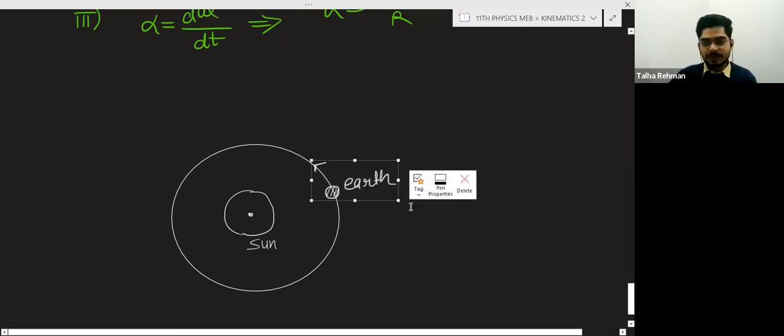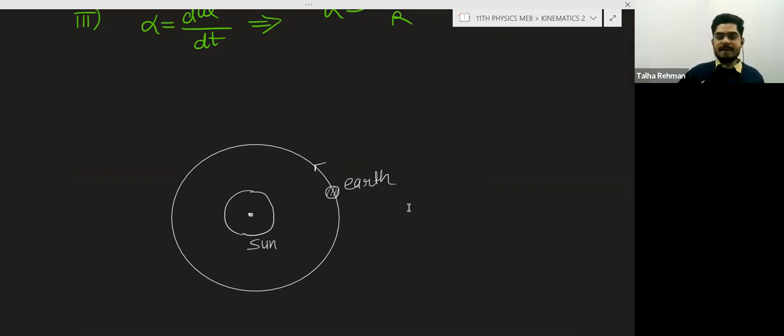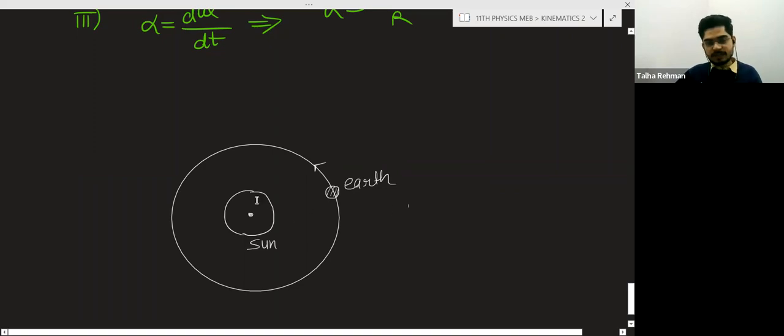Forget about the centripetal force and all that. Can you tell me what kind of force will be there between the earth and the sun? Divyangi, between the earth and the sun, what kind of force will be there?